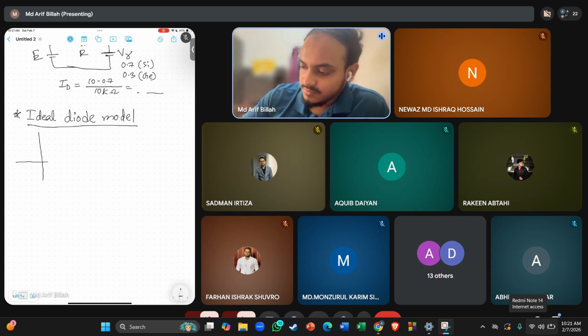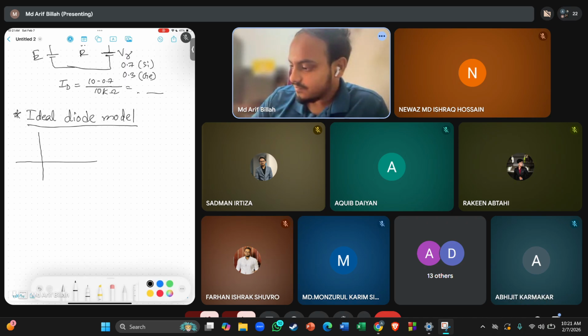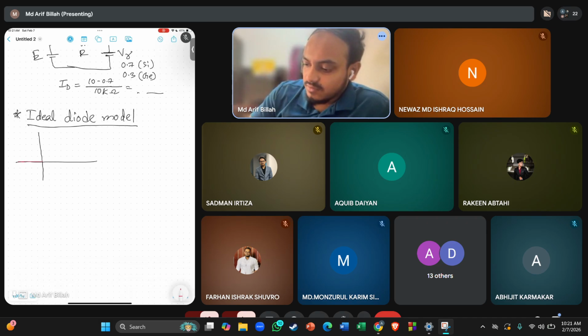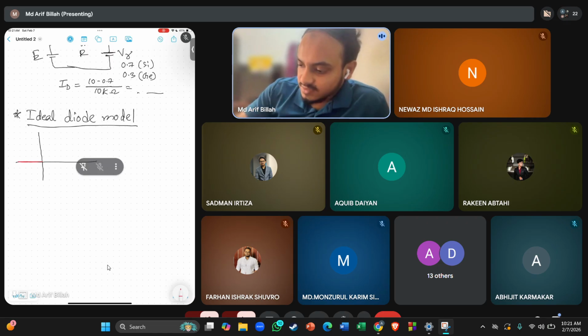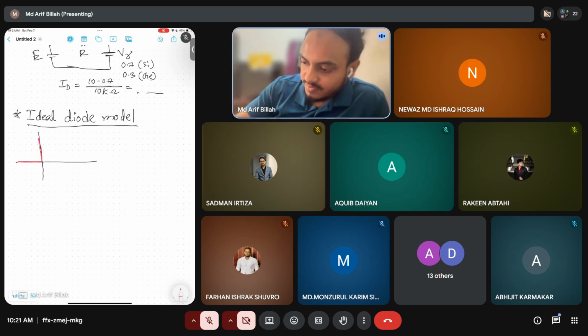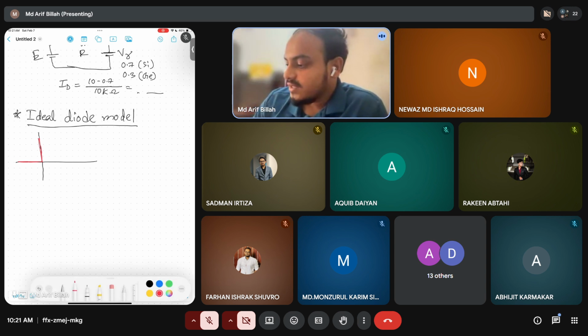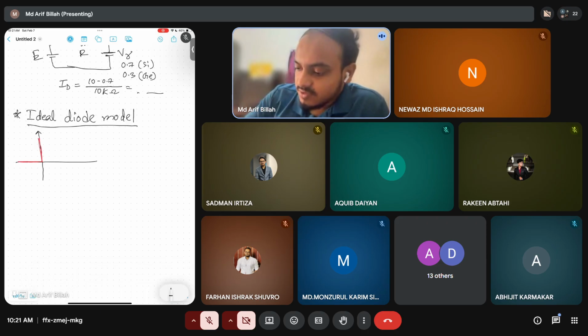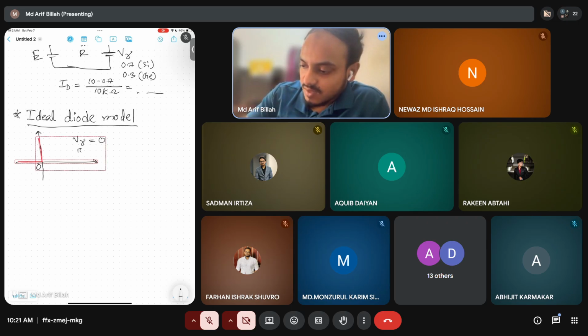Ideal diode model assumes just what the name suggests, that it's ideal. So ideally, the diode should conduct electricity when it's forward biased, right? There should not be any minimum voltage requirement. So it assumes that V gamma is zero, RD is also zero.